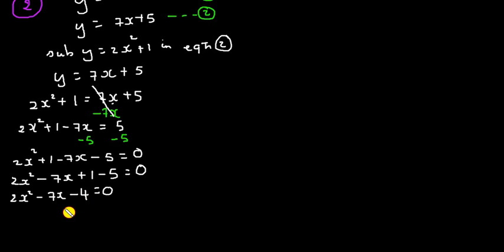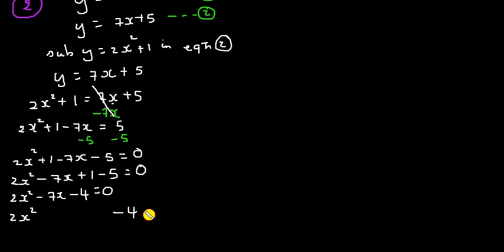Alright, so we apply the method that I told you about in the other video, factorizing quadratic expressions. Head, belly, tail, face by tail. So we bring down our head, 2x squared, and we bring down our tail. What do we do next?